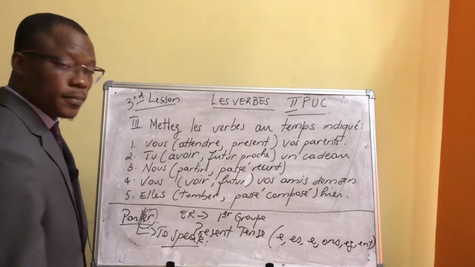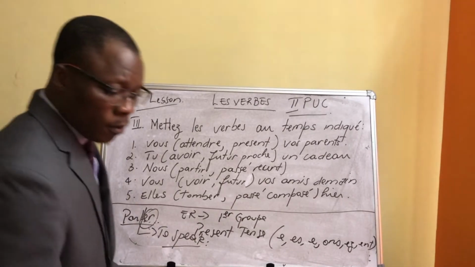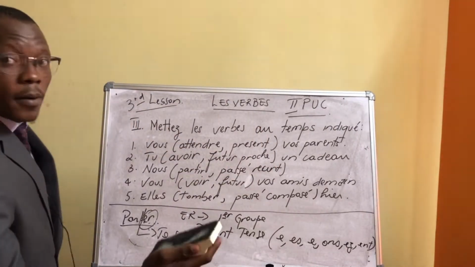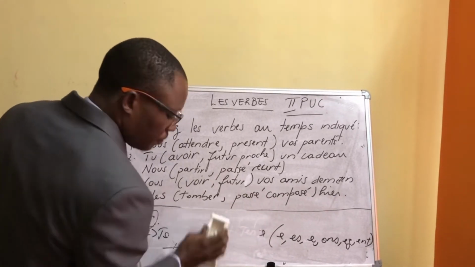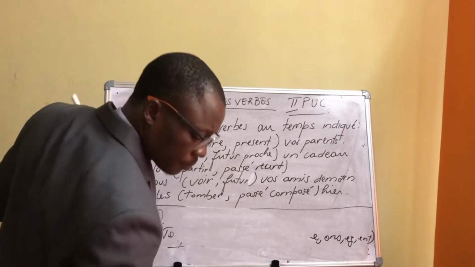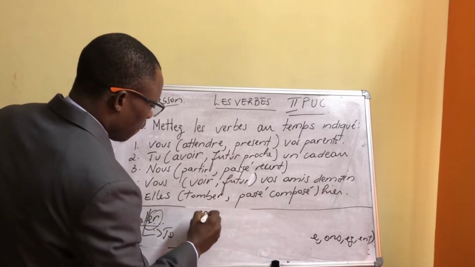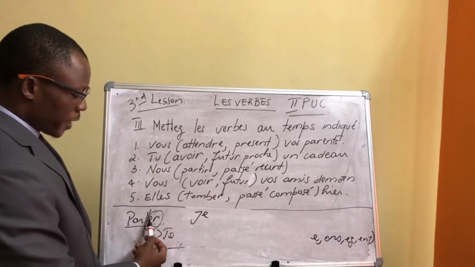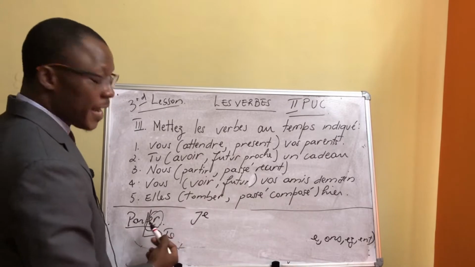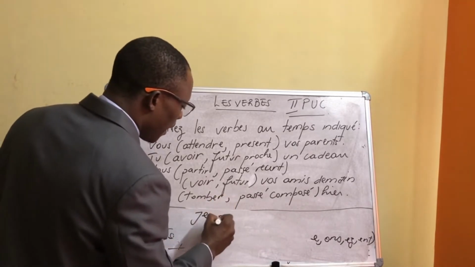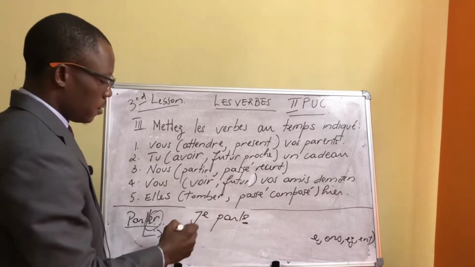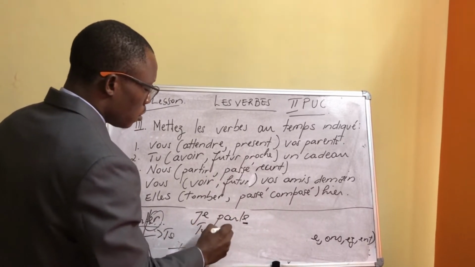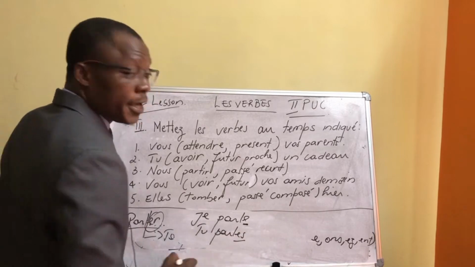Now, what will be the present tense of parler? For je, you need to take out this ER, then add E. Je parle. Then tu parles, add ES.